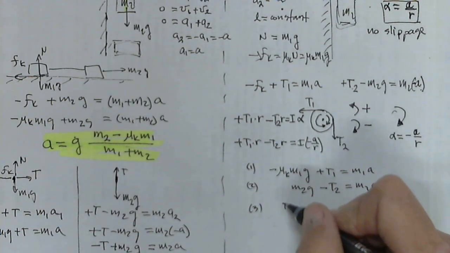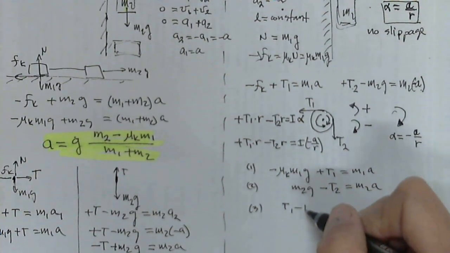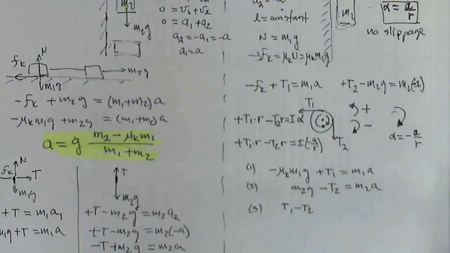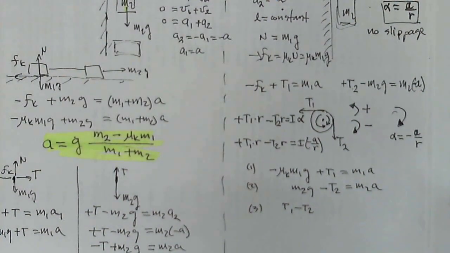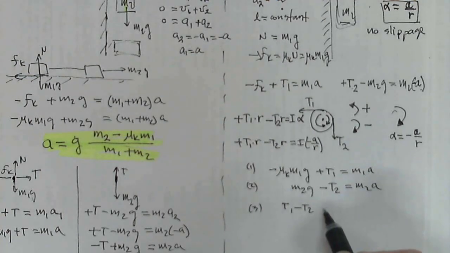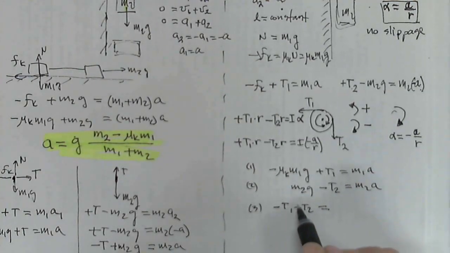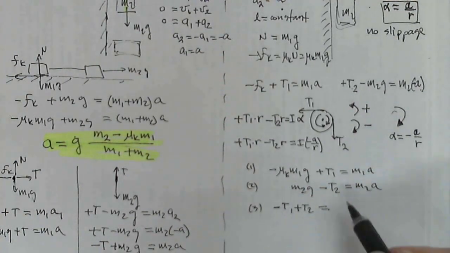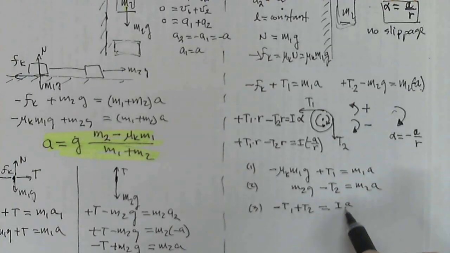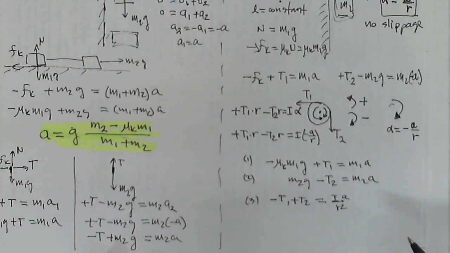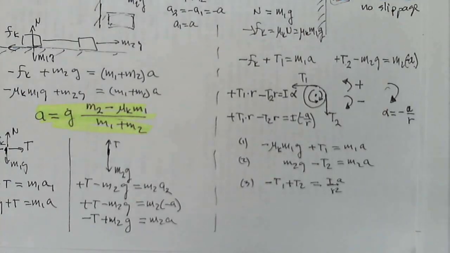So it's T1 minus T2 equals, let me put the negative, I over R squared times acceleration. That's my third equation.